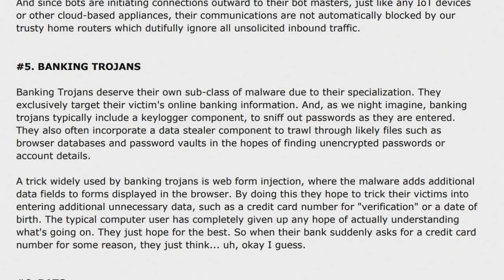They often incorporate a data stealer component to trawl through likely files such as browser databases and password vaults in the hopes of finding unencrypted passwords or account details. And a trick widely used by banking Trojans is web form injection. We haven't talked about this for years, but that occurs where the malware adds additional data fields to forms displayed in the browser.